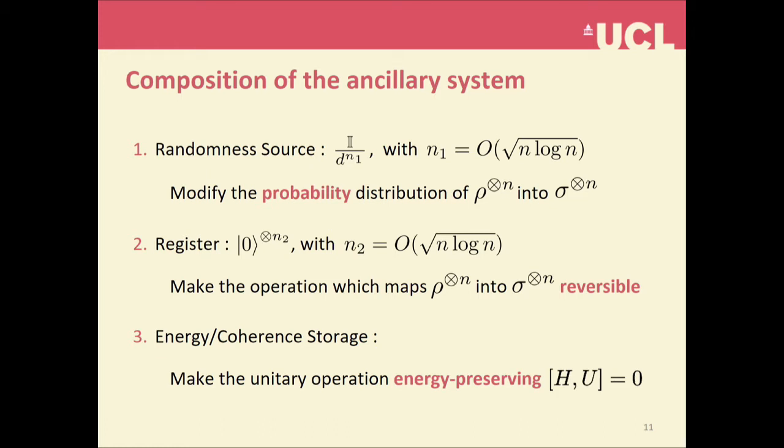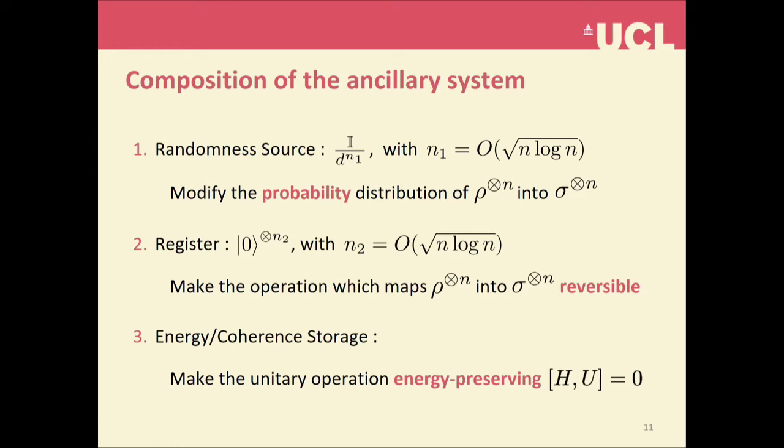However, this map can also be not reversible. And therefore, the ancilla will also help as a register. It will make the transformation reversible. Finally, it might be that even if we have a reversible transformation, it is not energy preserving. And so the last part of the ancilla will be an energy storage place where we can put the little fluctuation of energy from going from one state to the other.